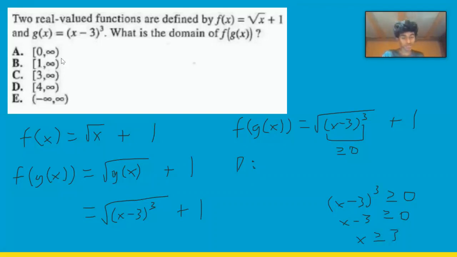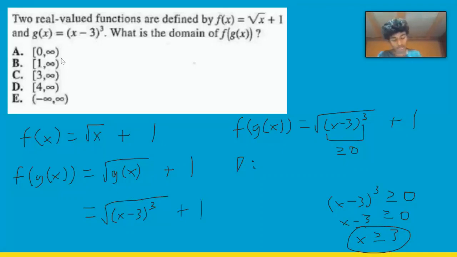And this makes sense because we know that if we plug in 3 for x, we'll get the square root of 0 plus 1. So anything less than 3, and we will have a negative value under the radical, which we cannot have. So we know that x has to be greater than or equal to 3.